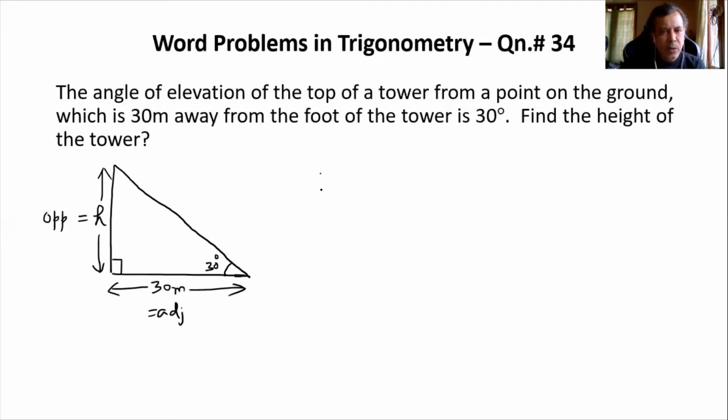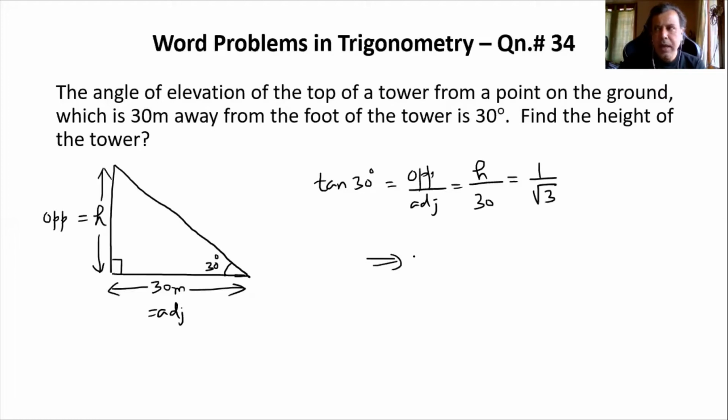So I will write now tan 30 degrees is opposite by adjacent. Opposite, we don't know, it is the height of the tower, and adjacent is 30 meters. What is tan 30 degrees? We can easily find out from the table we created. It is 1 by root 3.